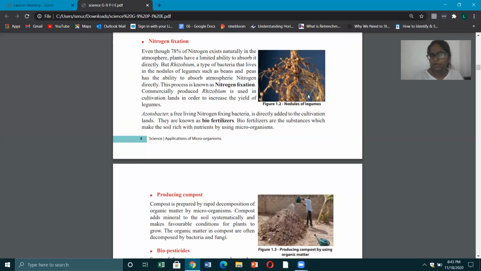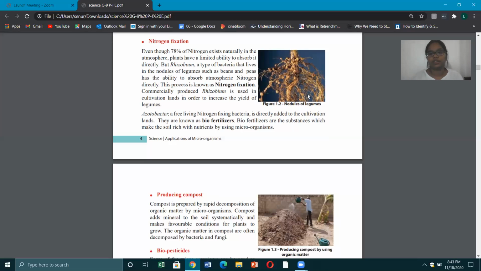What are the plants which have this? Beans and peas. The bacteria known as rhizobium living in these legumes can directly absorb nitrogen from the atmosphere, and this is known as nitrogen fixation.